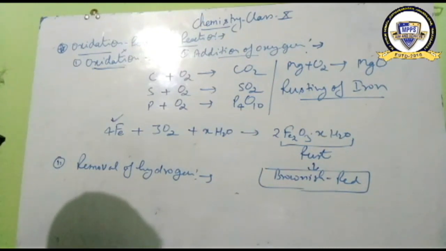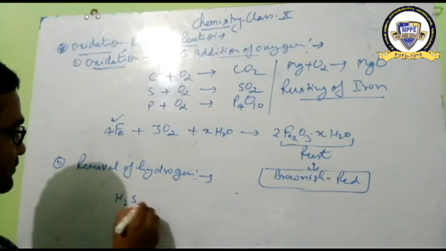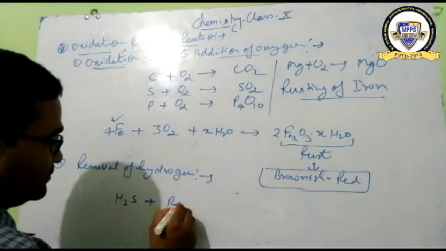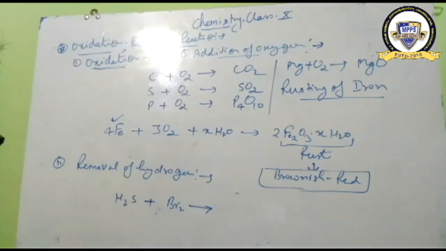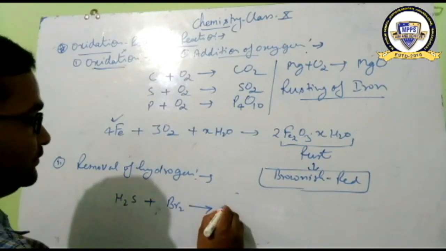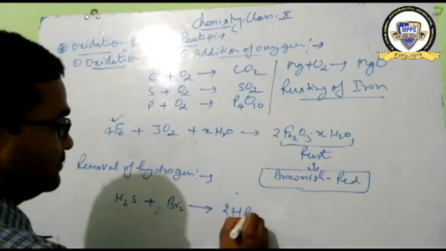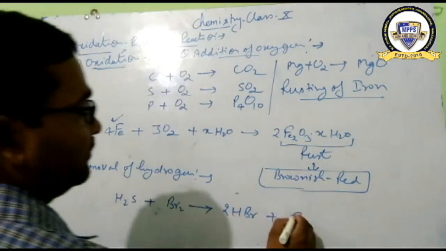First, whenever hydrogen sulfide comes in contact with bromine, it forms hydrogen bromide plus sulfur.